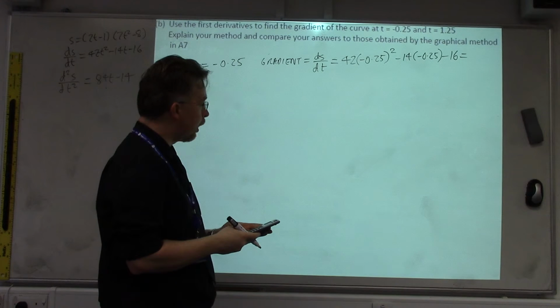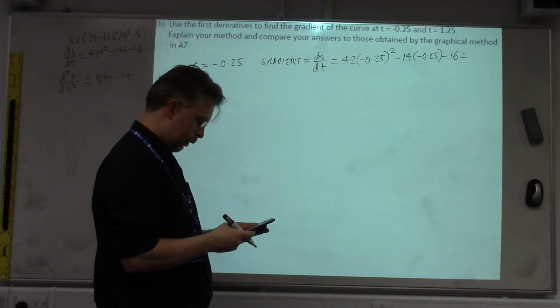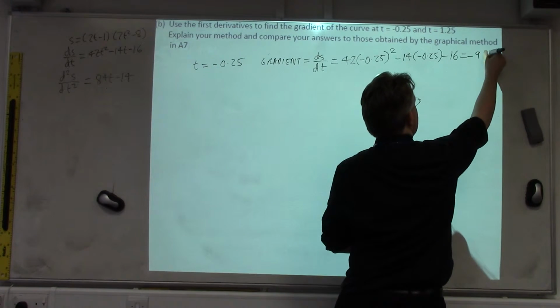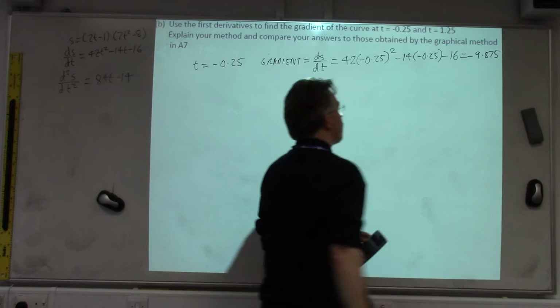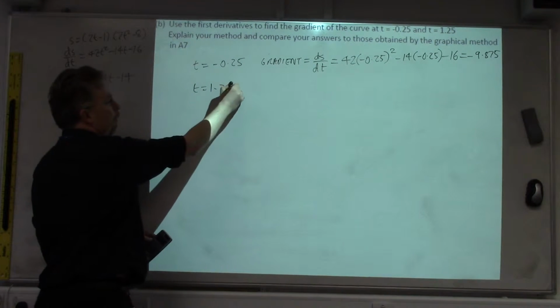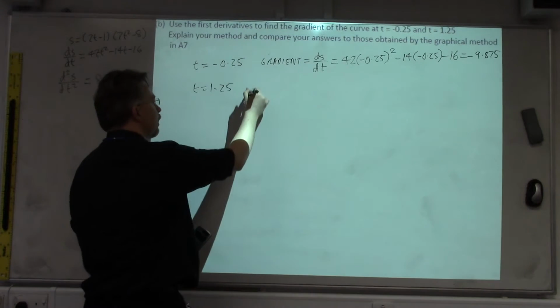So I'm doing that now, and I'm going to get minus 9.875. And then same sort of idea, but with t equals 1.25 instead.